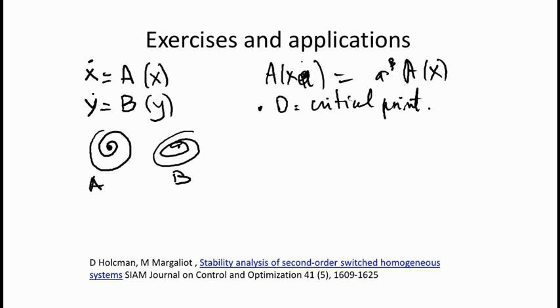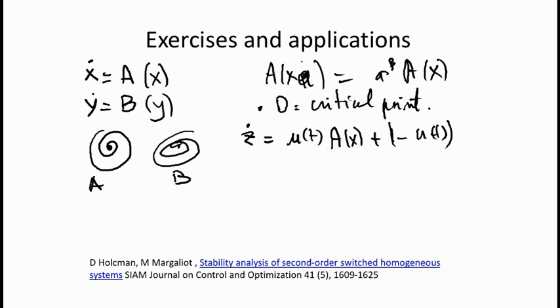So I would like to give you the following exercise. Can you construct a dynamical system Z such that Z of t can be obtained either by choosing A or choosing B?